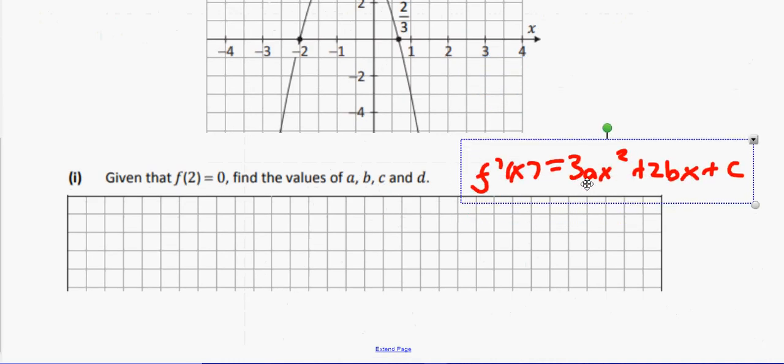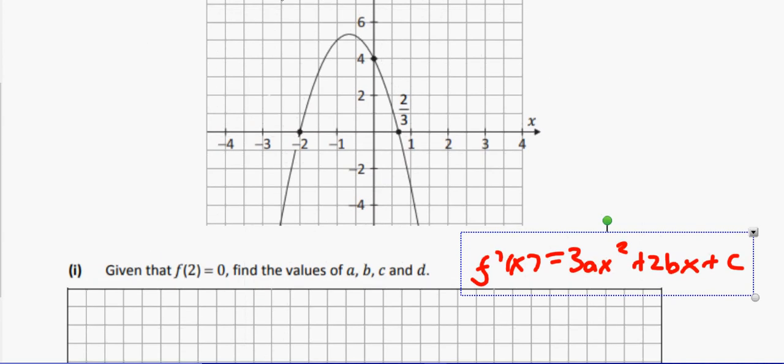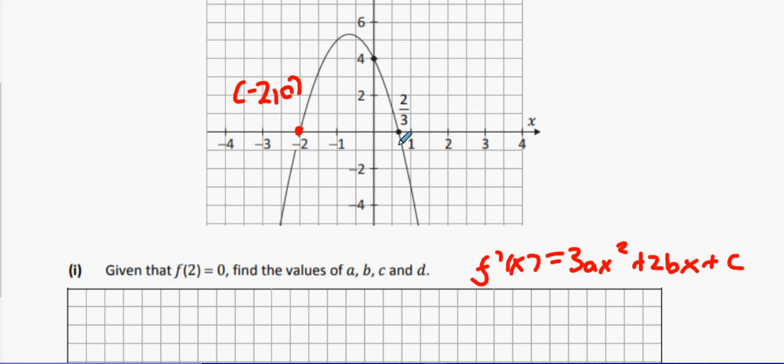Okay, now the great thing about this function is I actually have values for it. So I have the point minus 2, 0. So an x value of minus 2 in this function will give me a y value of 0. Alright, so that's a good starting off point.